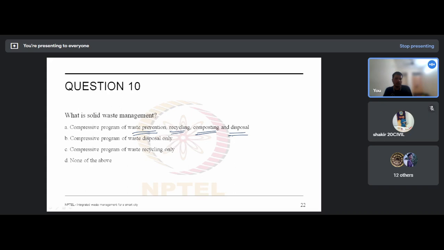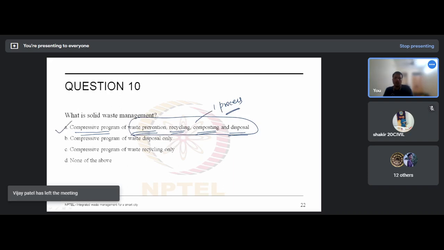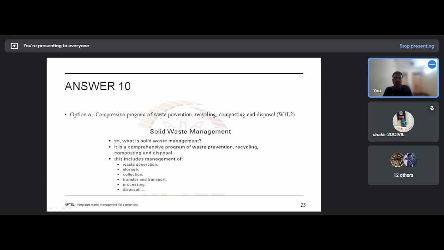So we want a process to have all these components. That is why it is option A. We are not concerned with waste disposal or waste recycling alone. These are just stages. We are concerned with the whole process, and that is what is called solid waste management. So the correct option is A, a comprehensive program of prevention, recycling, composting, and disposal. You can refer to week 1, lecture 2.